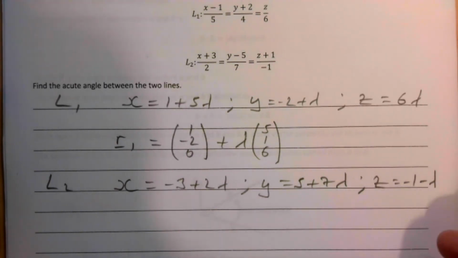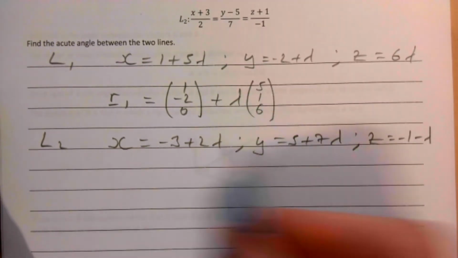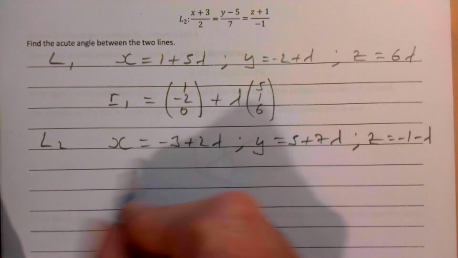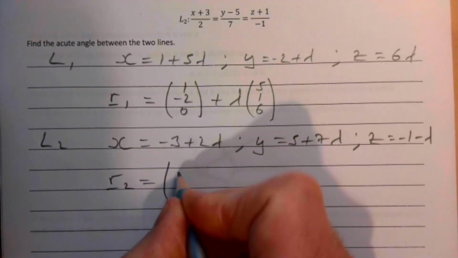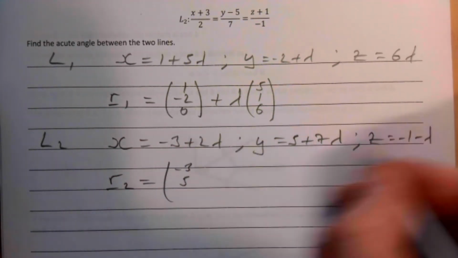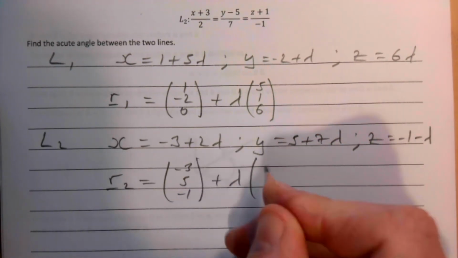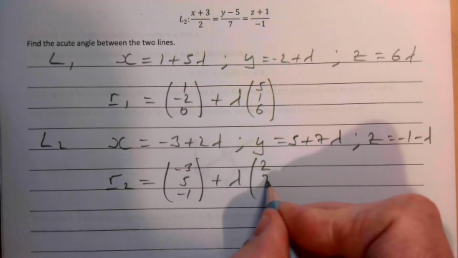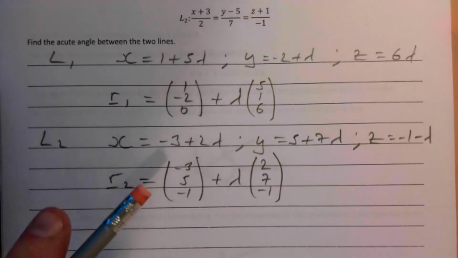I maybe should have let those equal mu, I suppose, to keep it a wee bit different, but that's okay. We'll be fine because they're not really going to be used with each other. R2, then minus 3, 5, minus 1 plus lambda upon 2, 7, minus 1. So those are now our two lines. We've changed them into vector form.